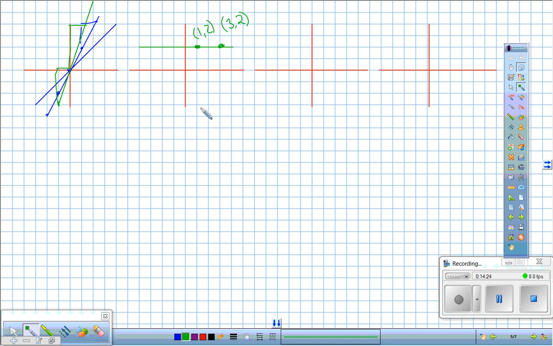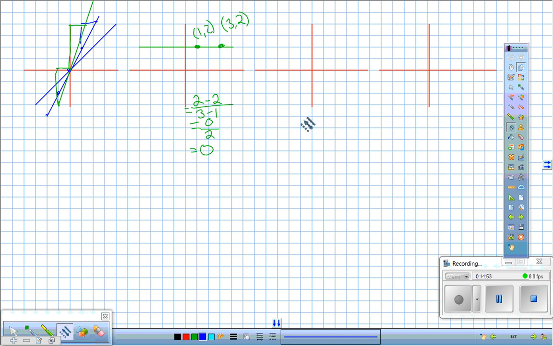So my change in y over my change in x: both my y's were 2, so I'll have 2 minus 2 over 3 minus 1, which will equal 0 over 2. If I have 0 halves, I still don't have any halves in my pie. So that is actually 0. A horizontal line will always have a slope of 0.